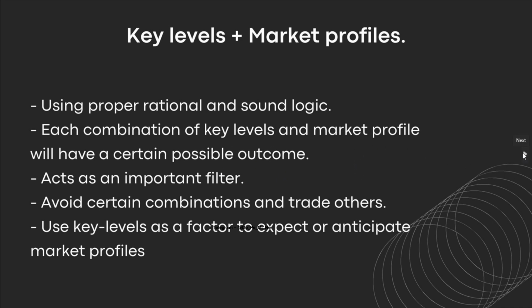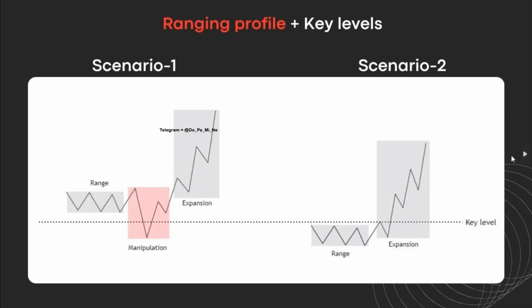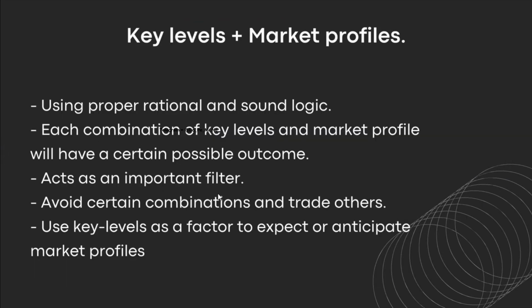So market profiles and key levels together will give you filters. Similarly, you're going to avoid trading certain combinations of market profiles and key levels and trade others, right? Now, last but not least, we're going to use these two together to expect or anticipate other market profiles, right? These are the main things that we're going to be learning in this chapter.